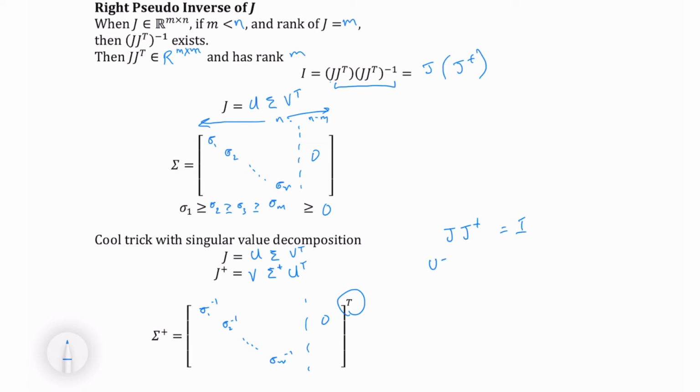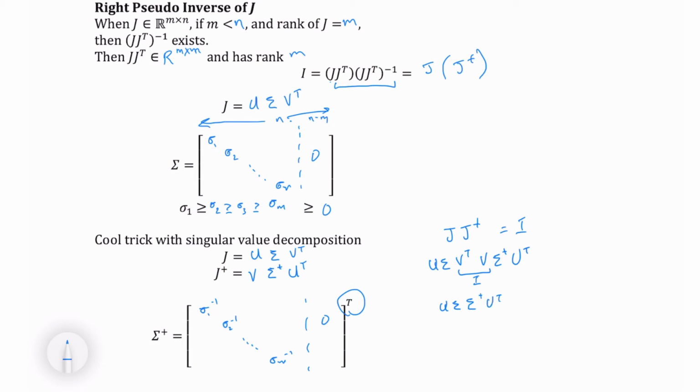I put a U sigma V transpose, and then I'm going to multiply that by V sigma plus U transpose. So one of the properties we have is that these are orthogonal matrices. So the V's are rotation matrices. So V transpose times the V, that's going to give our identity matrix. So then we have U sigma sigma plus U transpose.